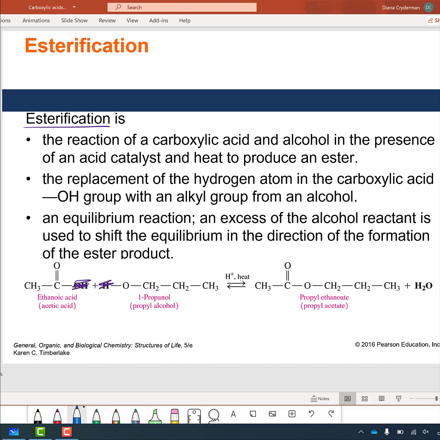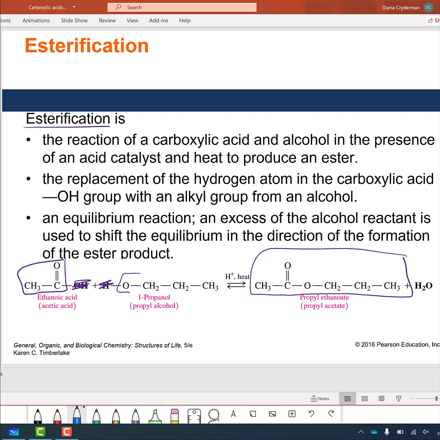And so the remaining carbonyl from what was the carboxylic acid and the oxygen from what was the alcohol are going to join together, along with all the carbons, the rest of the backbone and everything else from those chemicals, to form an ester, my ester product. And this is that really good smelling, tasting product. Here's my ester.